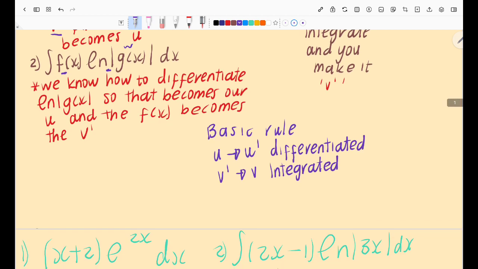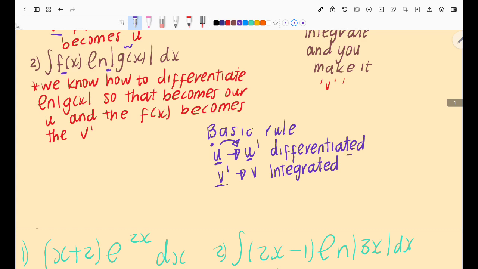And as I said, the basic rule is that you find your u in the function, and you find your v1 in the function. Then you move the u to u1. So you write the u down, and then you find its u1, right? Meaning differentiated.